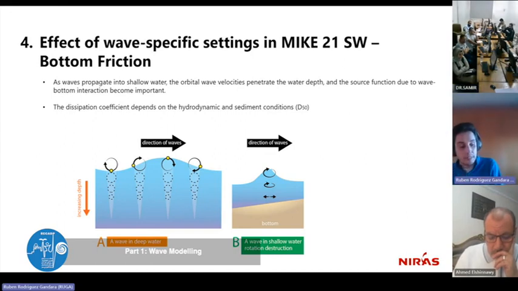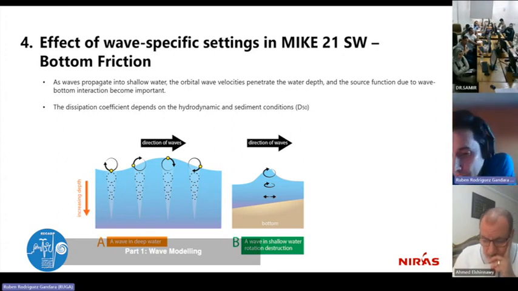If your bottom is sand, mud, cobble or rocks, you will find literature giving you recommended values or ranges of values that you can use. But this is a parameter that you can modify yourself and see the effect, which is going to give you higher or lower waves. Then it's up to you to select the most accurate value based on local measurements or on scientific judgment. It's like, well, this coefficient is still too big, we cannot justify it, or it's within the limit, we will go with this one.